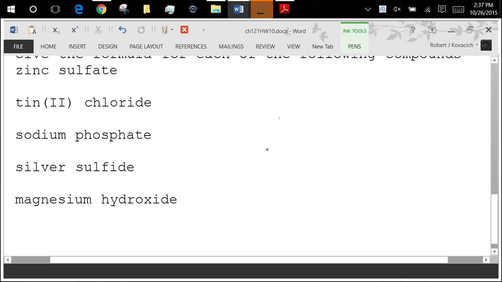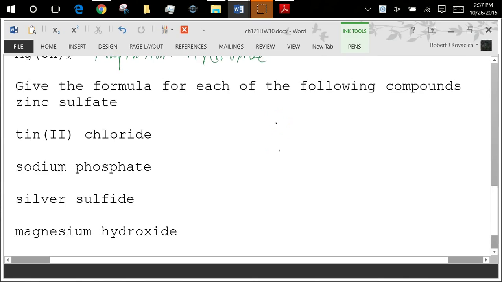So what do you have for a formula for this one? Right, skipped one. But we're doing the first one. ZnS. Nope.